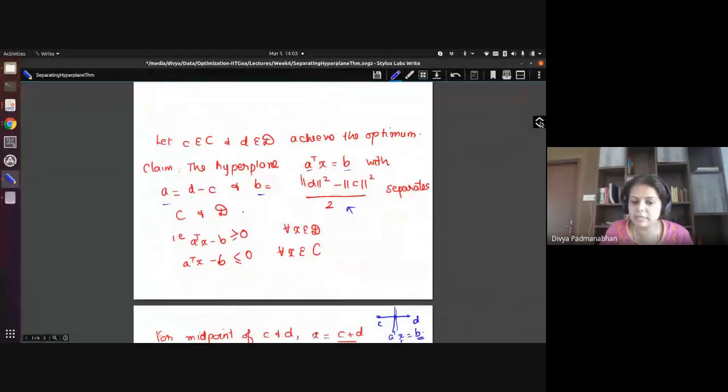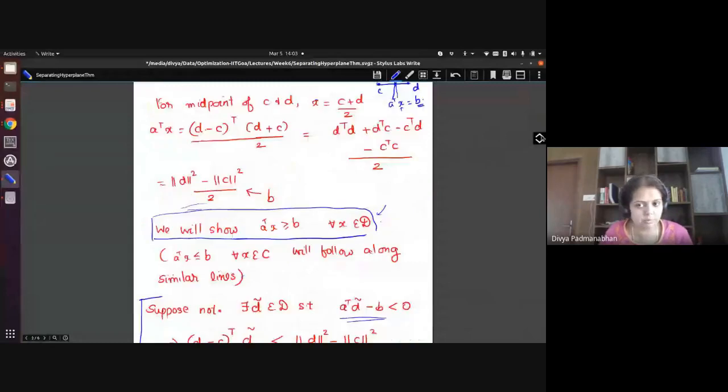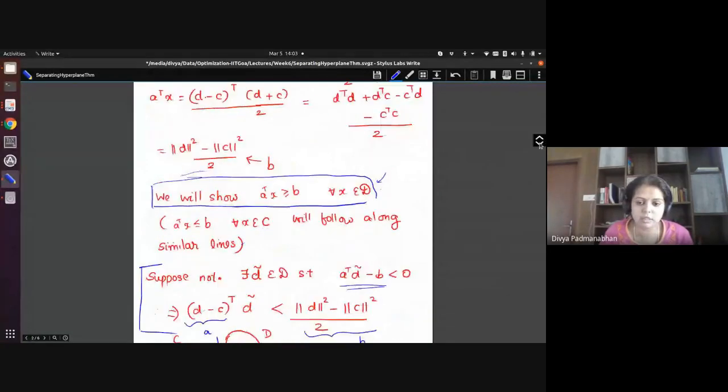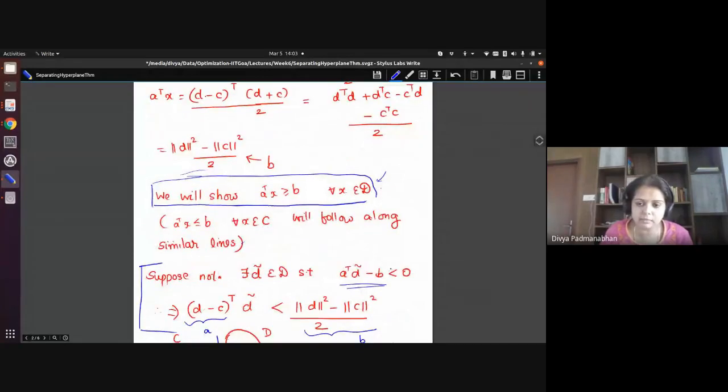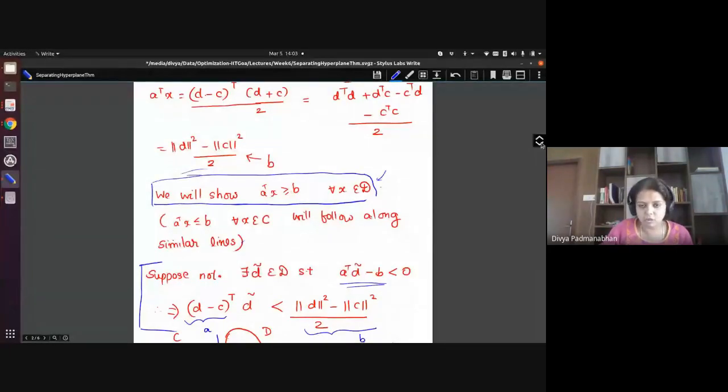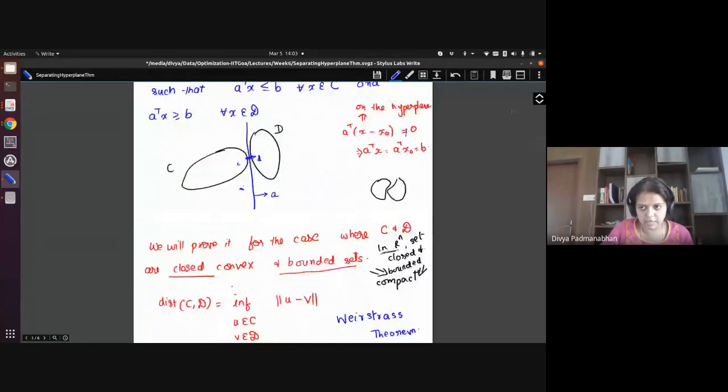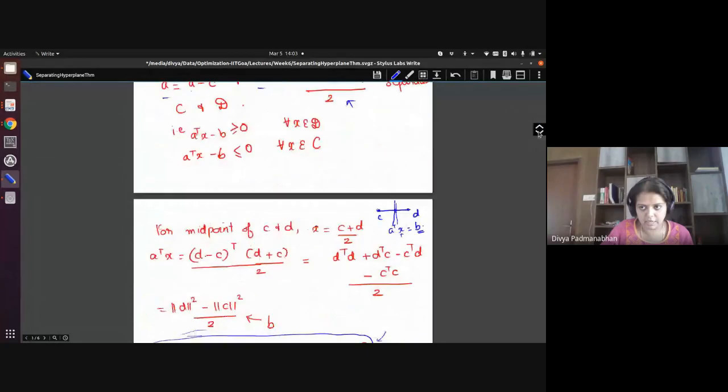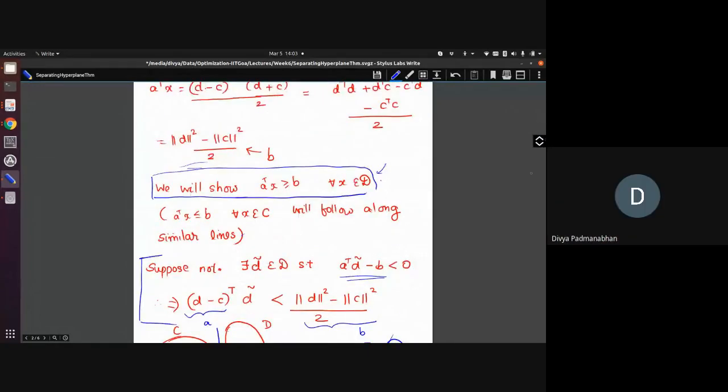For that, we tried to do it by contradiction. We supposed that there is a point in D which violates this. The claim was this is greater than or equal to B. So D lies on this side of the hyperplane, and by contradiction, we assume that there's a point which doesn't satisfy this.